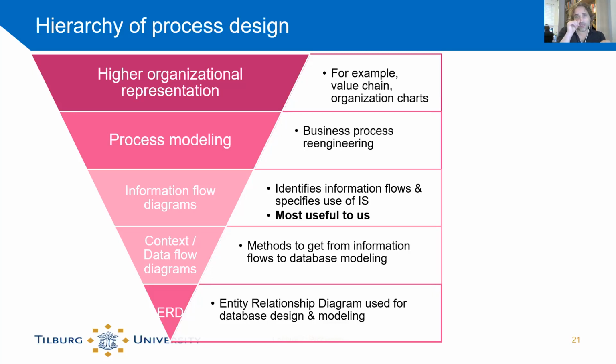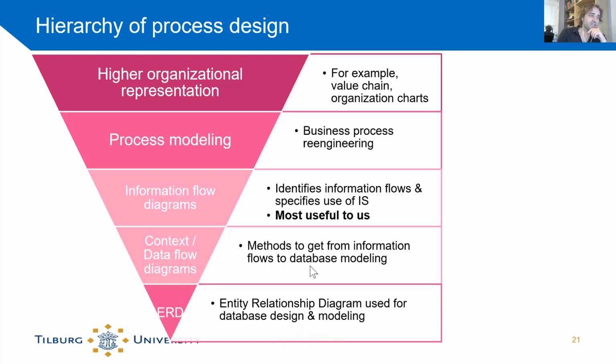And then we can go even more specific. If we have those information flows, we can use that to actually design a system and design the data and the information that such a system should contain. And that is what we call officially context and data flow diagrams and entity relationship diagrams.